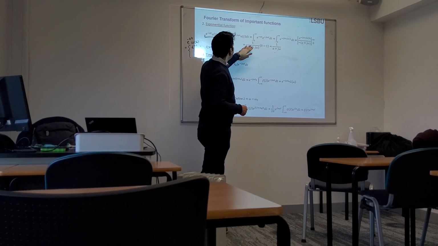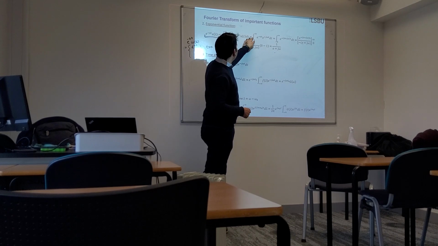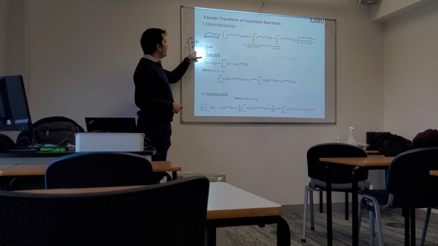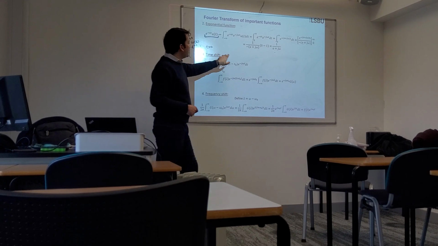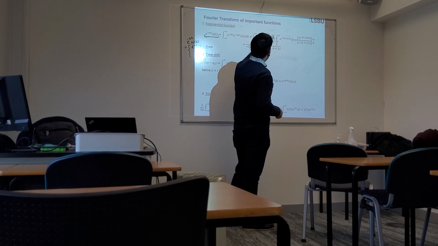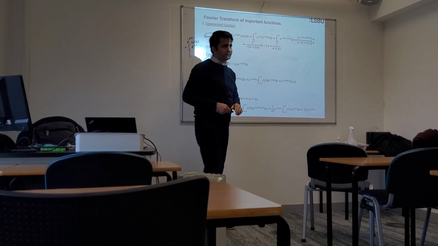Then if we move further, you can see that the limit has been changed from 0 to infinity. Why? Because I know that my function is only valid, which is e power minus at times 1 for t greater than 0. So instead of u of t I have written 1, and it's from 0 to infinity, and the rest is the same.